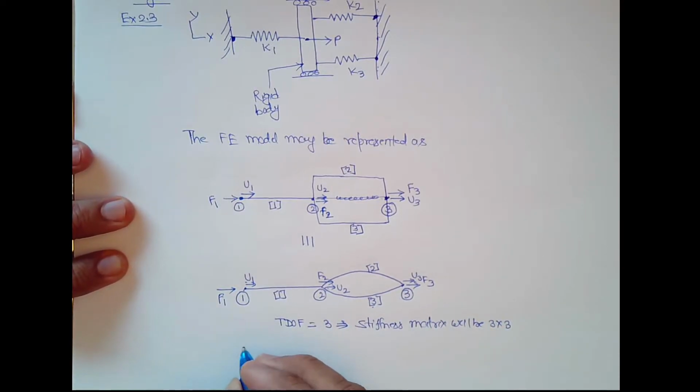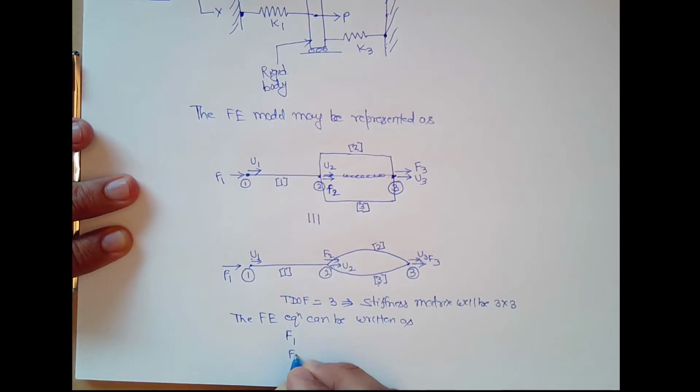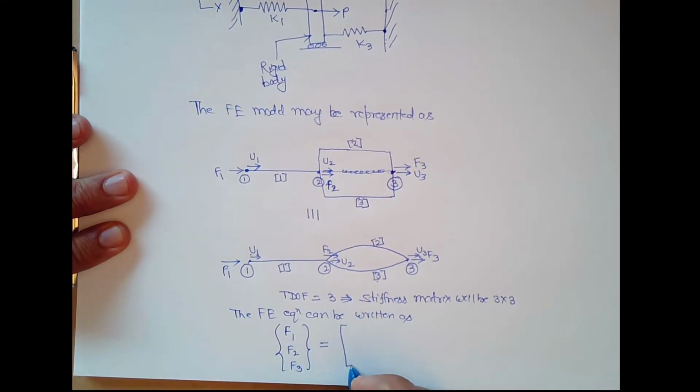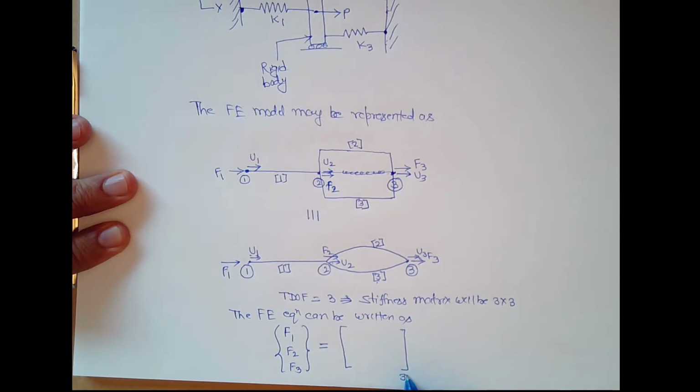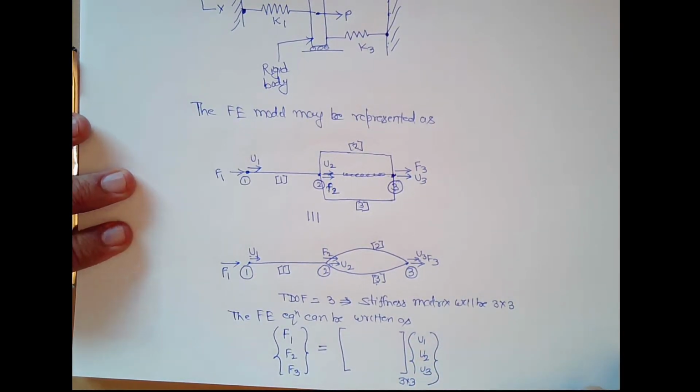Therefore, the finite element equation can be written as: F1, F2, F3 is the nodal force vector, and this is the 3 by 3 assembled stiffness matrix of the whole system, times U1, U2, and U3.